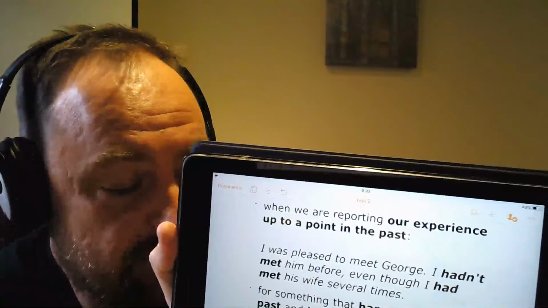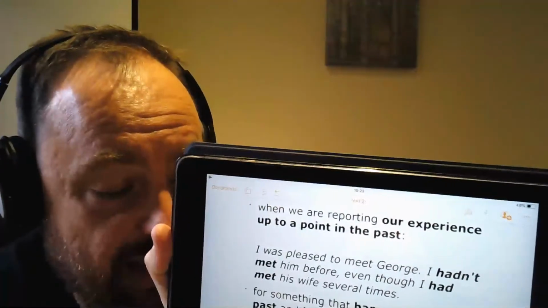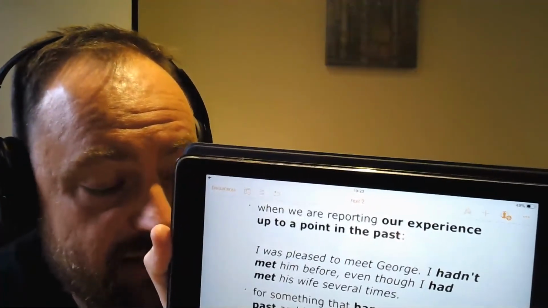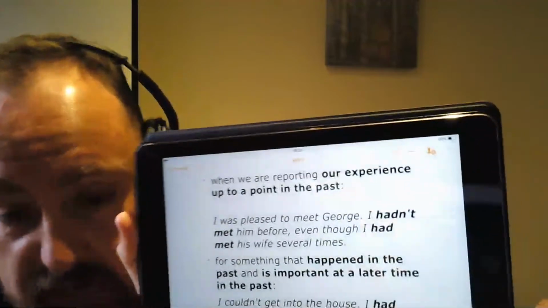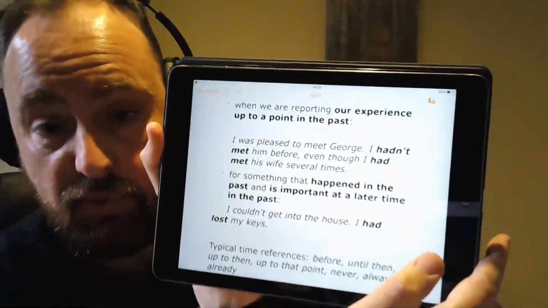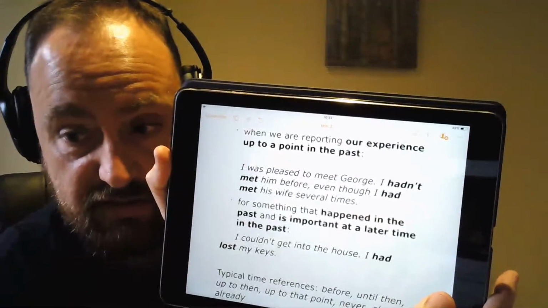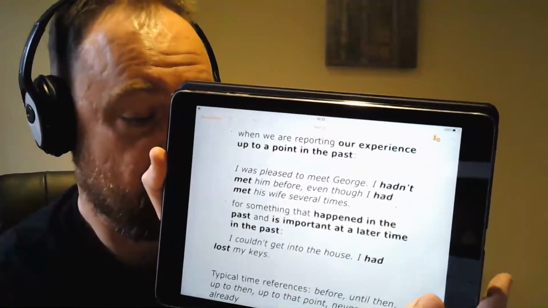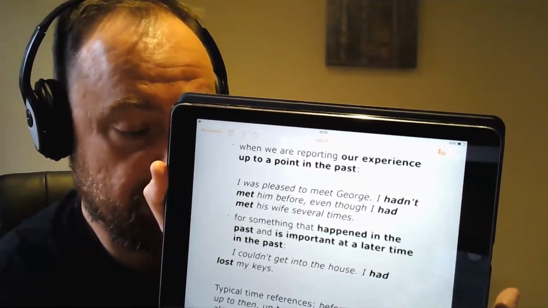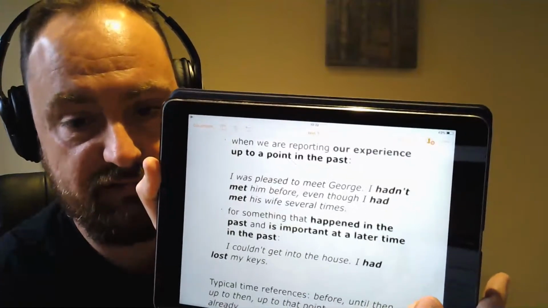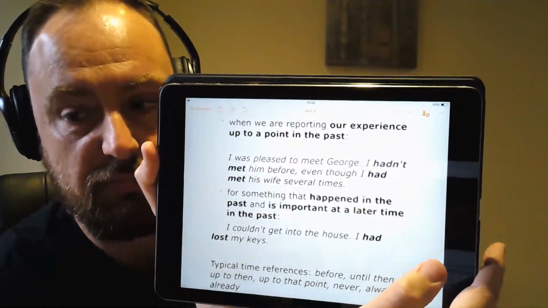So for example, I was pleased to meet George. I hadn't met him before, even though I had met his wife several times. So again, we have this point, I was pleased, that's the past simple point, and before that, I hadn't met him before, even though I had met his wife. So we've got 2 examples of past perfect here.